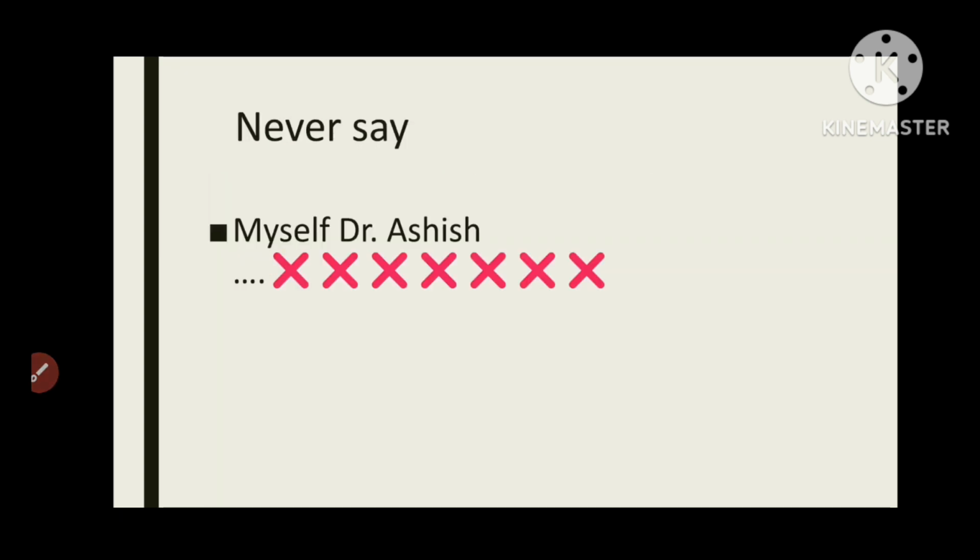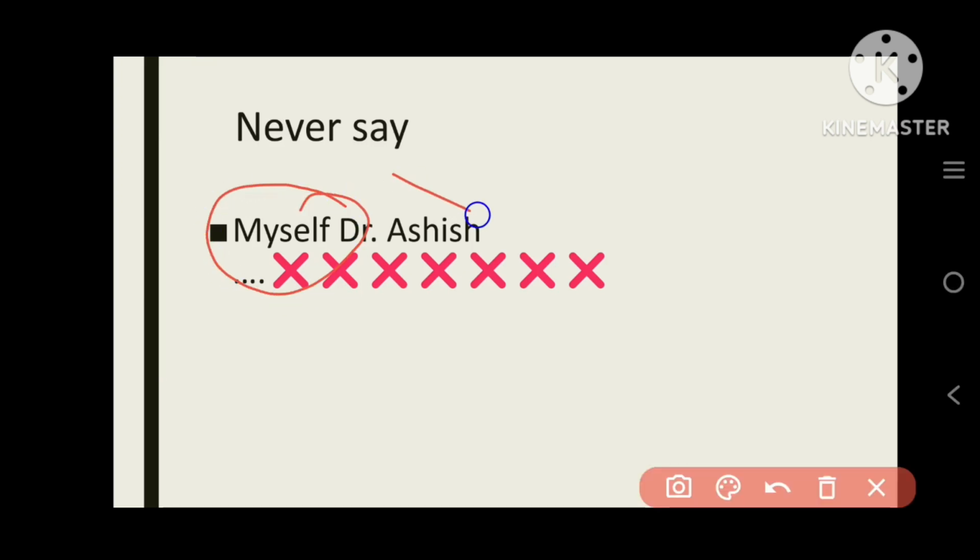Okay, now let me tell you one thing. Usually, when a person is asked to give his or her introduction, when someone is told to introduce themselves and tell about themselves, what do people say? Myself, Doctor this and this. Myself, Anita. Myself, Rohan. No. As I told you earlier, myself can never be used as subject.